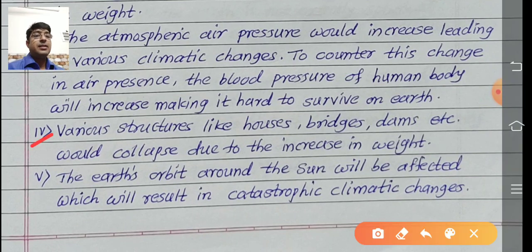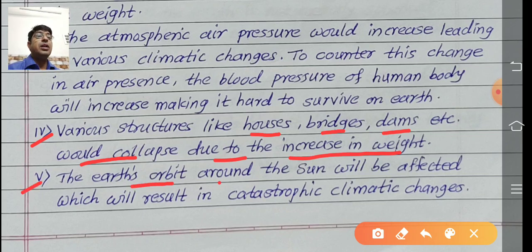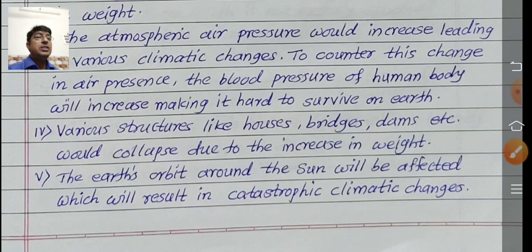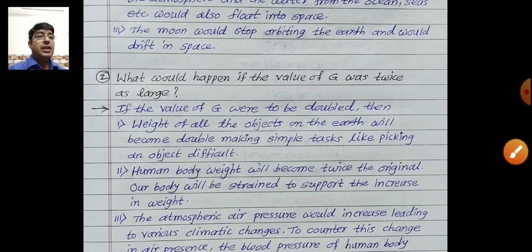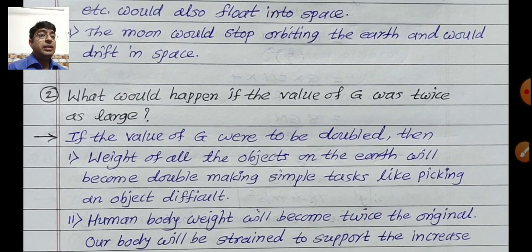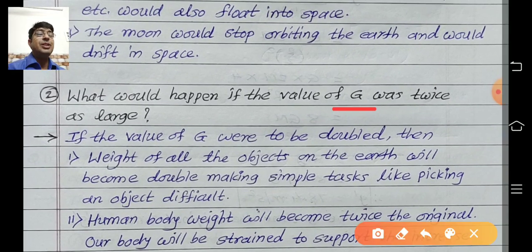Various structures like houses, bridges, dams, etc. would collapse due to the increase in weight. And fifth one, the Earth's orbit around the Sun will be affected, which will result in atmospheric climatic changes. All these things happen if the value of capital G, the universal gravitational constant, was double.